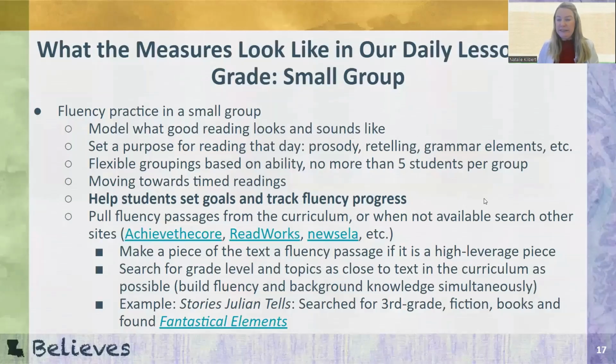Let's talk about fluency from a small group perspective now. So fluency practice in a small group, the very first thing that we're doing, and we should be dividing our students up in groups based on ability. If students scored in a certain norm range in the screener for fluency, we should have those advanced readers paired together, those benchmark students paired together, below proficiency and well below.